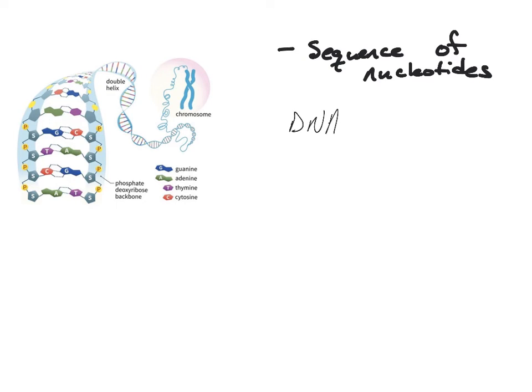What do we know about DNA? Let's summarize it. First, we know about DNA that there is a sugar-phosphate backbone. That sugar-phosphate backbone has a deoxyribose.